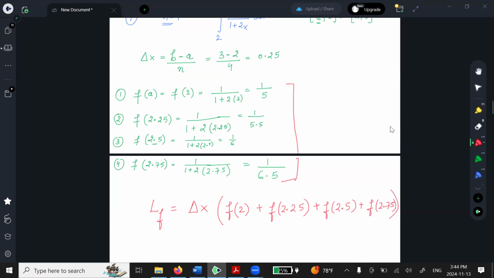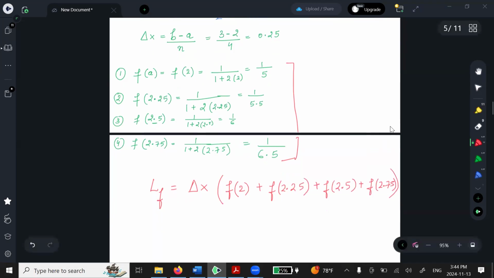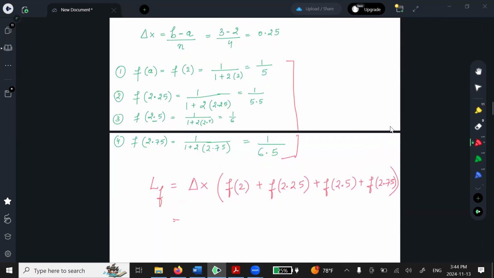Because I have 4 intervals, I should have 4 function values starting from the leftmost point. Delta x was 0.25. F of 2 was 1 over 5. F of 2.25 was 1 over 5.5. 2.5 was 1 over 6. This is 1 over 6.5.